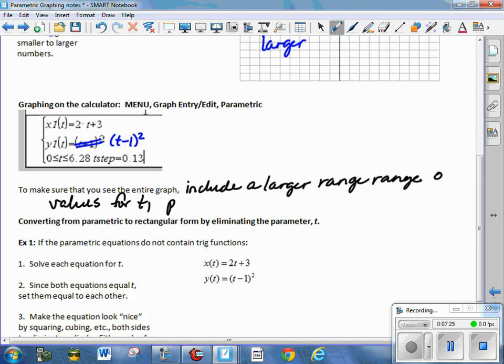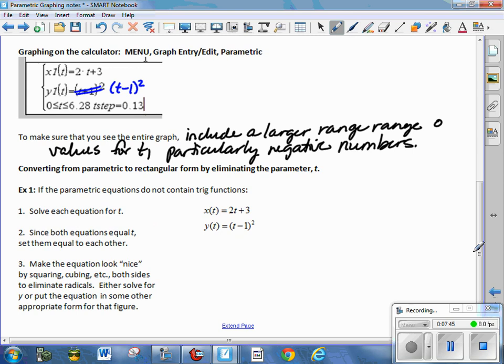Particularly negative numbers. Now there are cases where negative numbers don't make sense in the context of the problem. But if you need to see more of the graph, that would be a good place to start, to include some negative numbers.